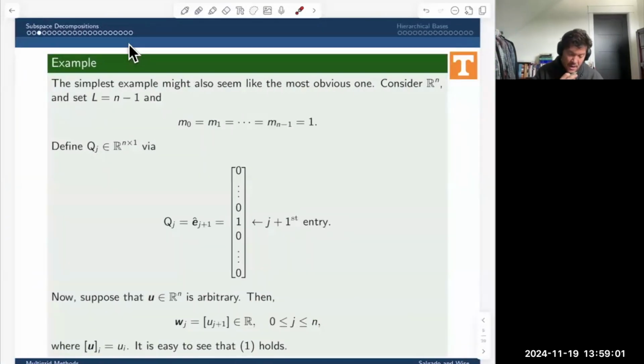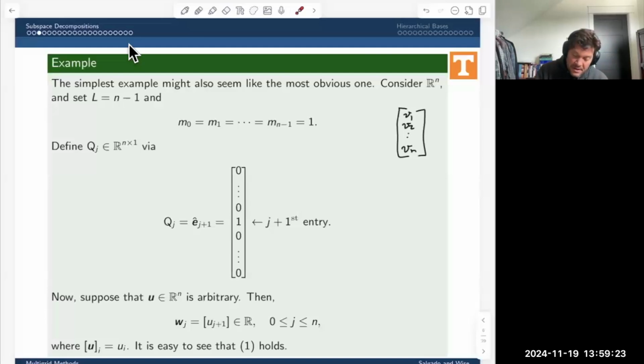So this was what I would consider as the simplest possible example. So let's take R^n, and we're going to think about what does R^n look like? You can think about them as collections of vectors that look like v_1, v_2, up to v_n, right?